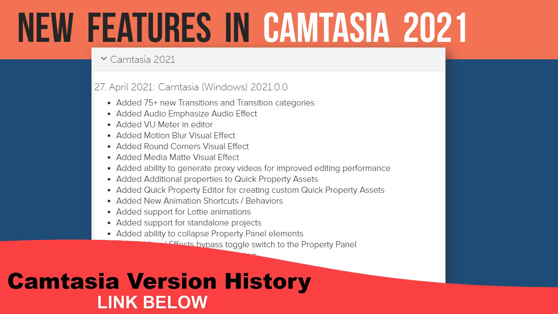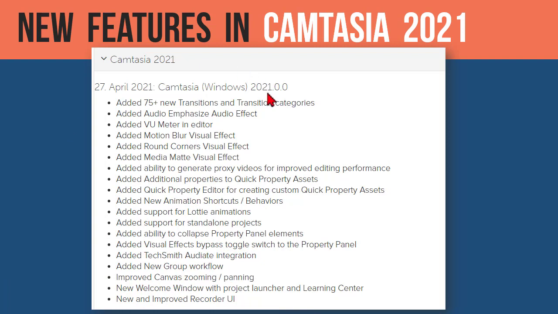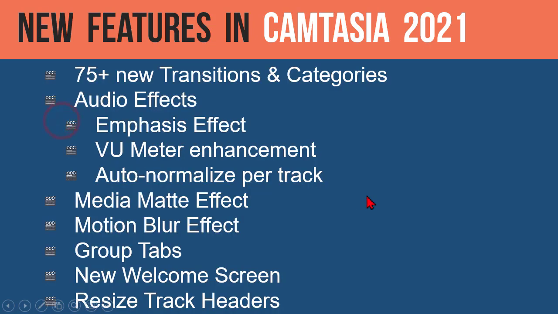Go to version history. This will tell you, as the new minor releases come out, what features are in the program, and we have negotiated all this into a list of new features and functions in Camtasia 2021. Now, in Camtasia 2020, there were like 50.